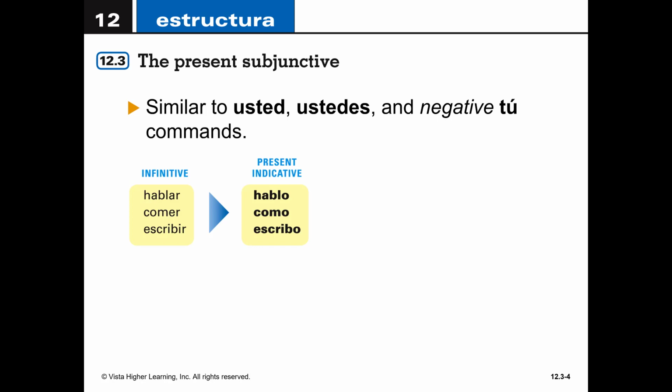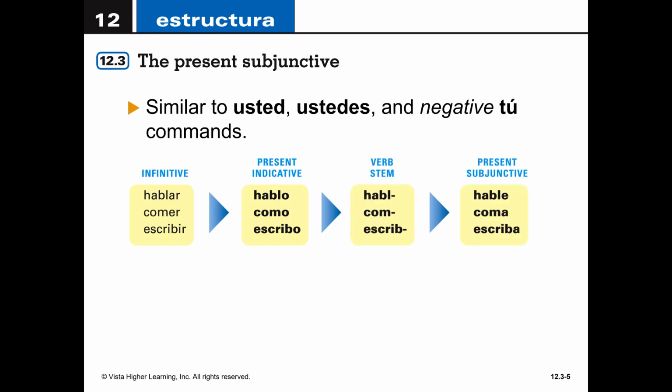Por ejemplo, hablar, yo hablo, o comer, yo como, escribir, yo escribo. That's the present. From then, what we're going to do is take out that o from the verb that we just conjugated, and then add the present subjunctive ending.